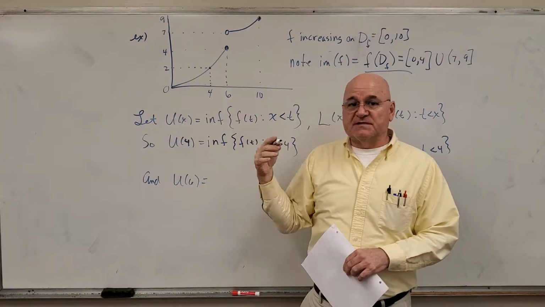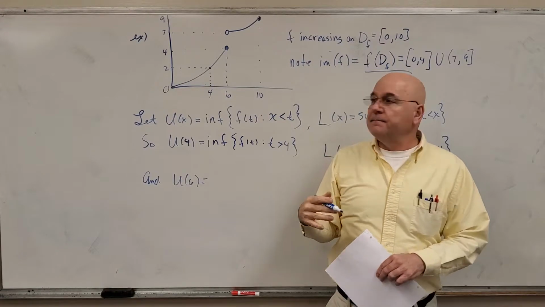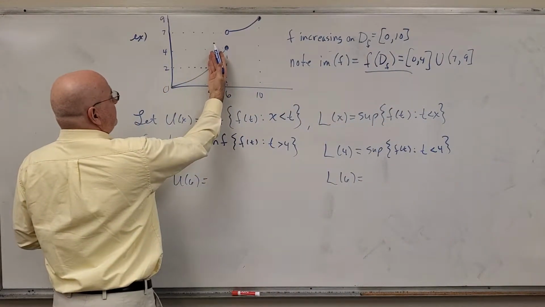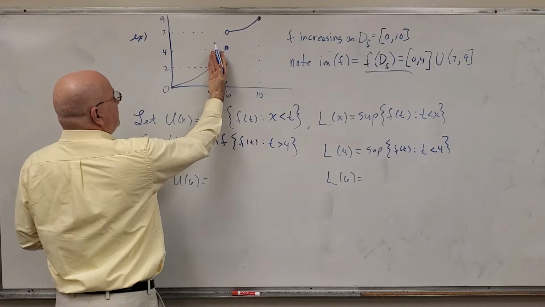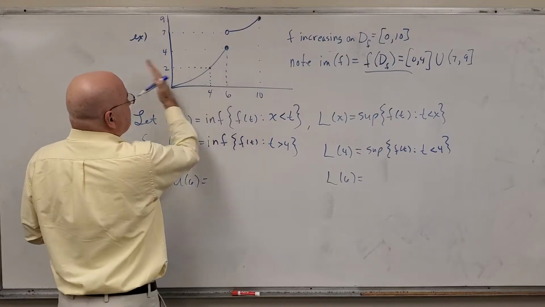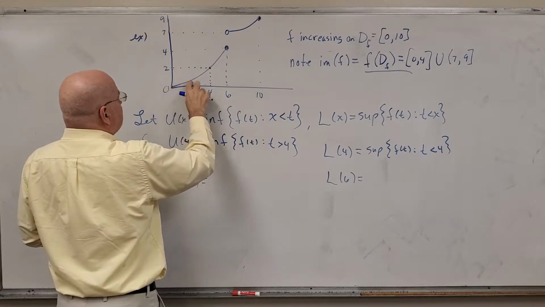Let's remember what the supremum is, the least upper bound. Well, what are the heights or values that this function takes when t is less than 4? It would be all of these heights.